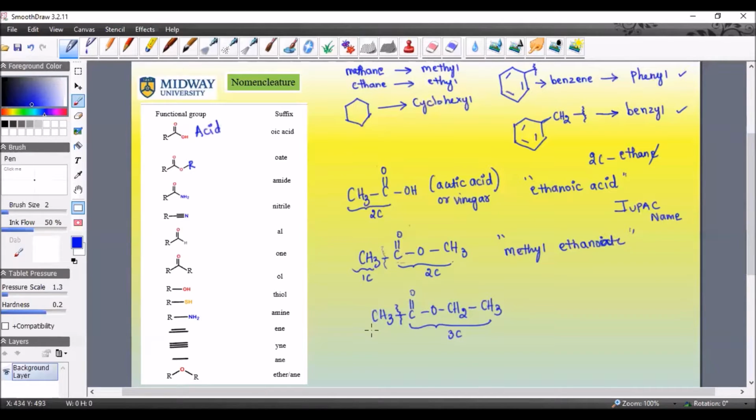So what if I do it this way? I have 1 carbon and 3 carbons, and then let's write it one more time.